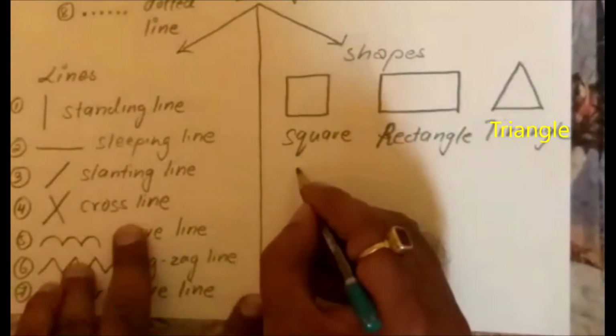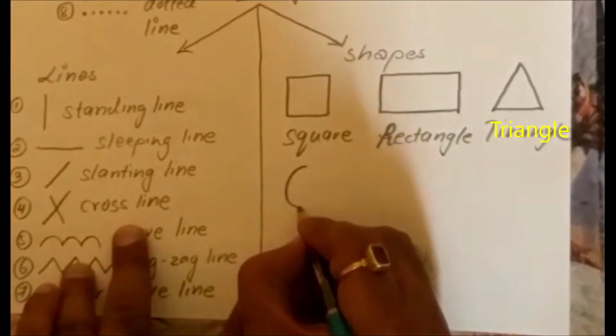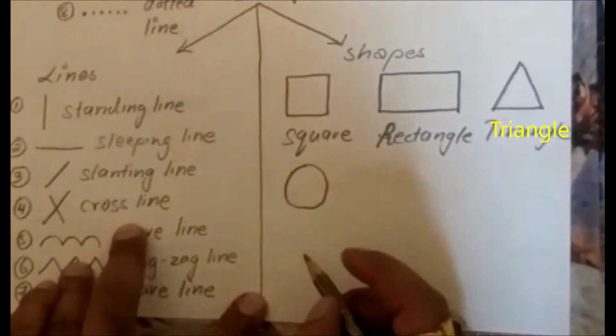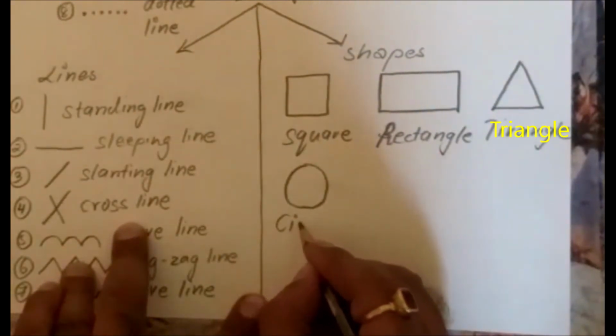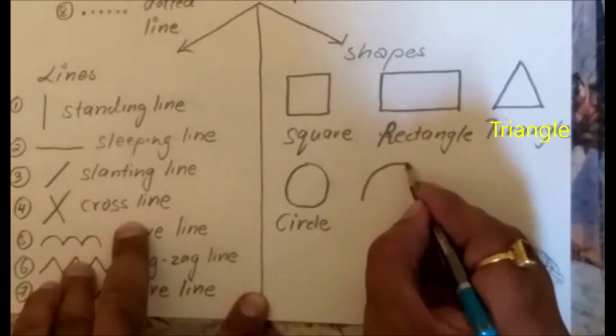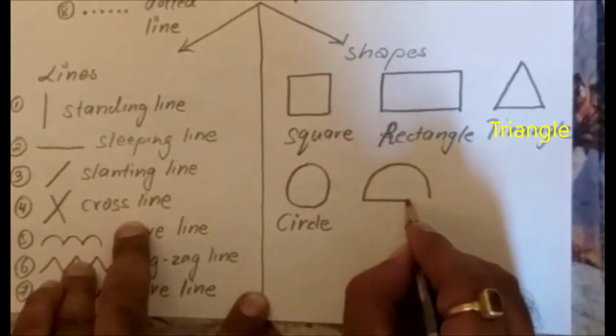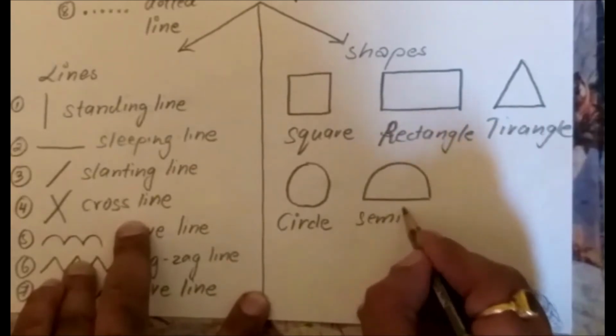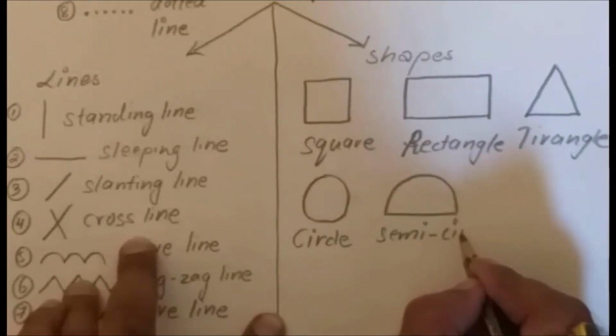Now I'm constructing a circle by one curve, one more curve which should be attached on both the upside and downside points. That's a circle. One curve and one sleeping line, that's a semicircle. You can also say half circle.